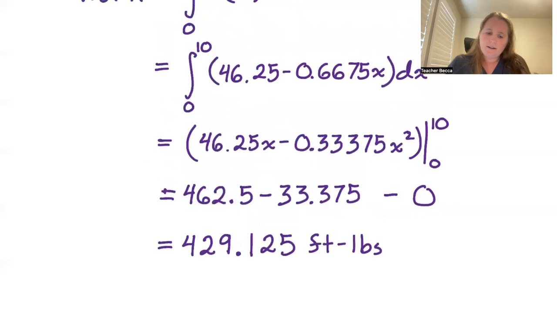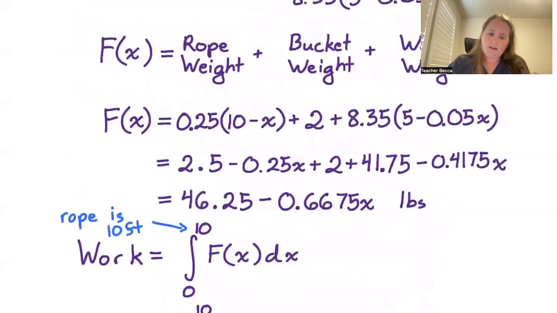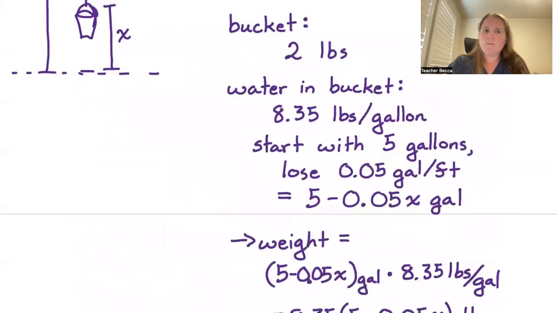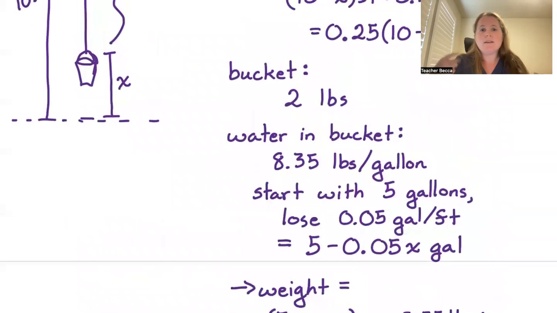So again, anytime we have a situation where we're lifting up a rope, pulling a chain, etc., essentially you want to look at the remaining length multiplied by the mass or weight per unit of length.